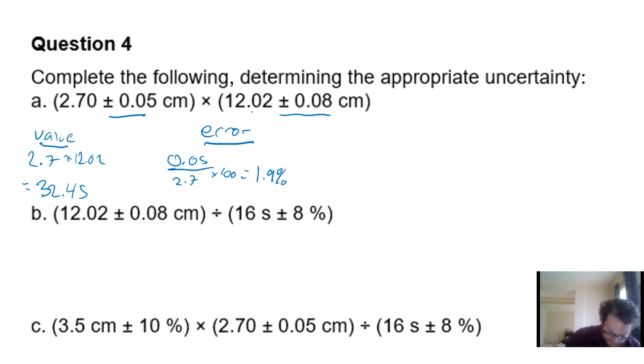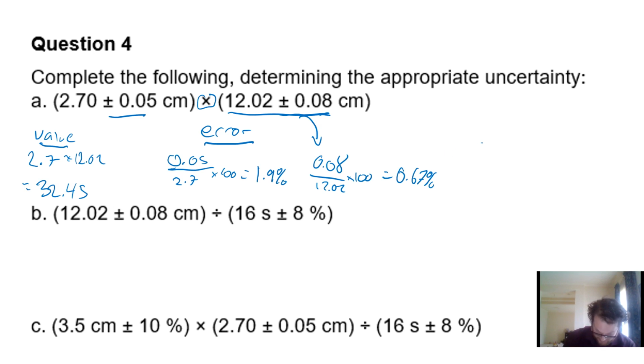The other one over here: 0.08 divided by 12.02 times 100 gives us 0.67%. Now, because these two things are being multiplied, that means I'm going to add the errors.